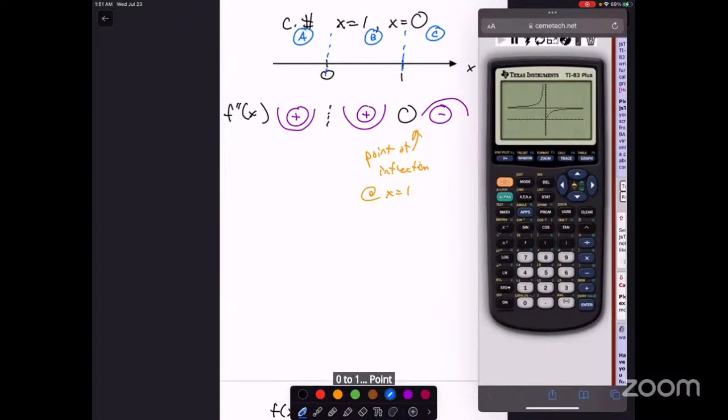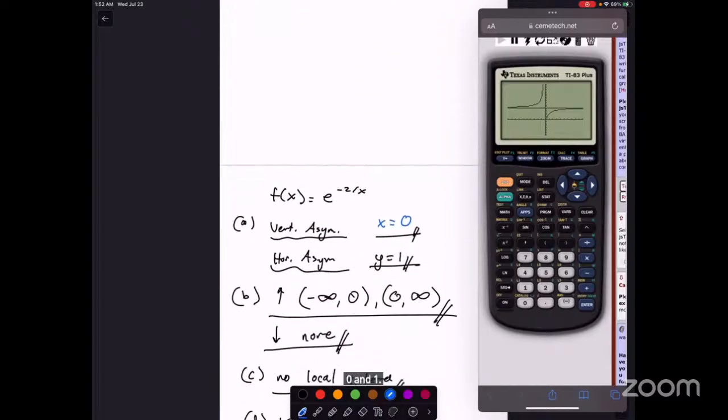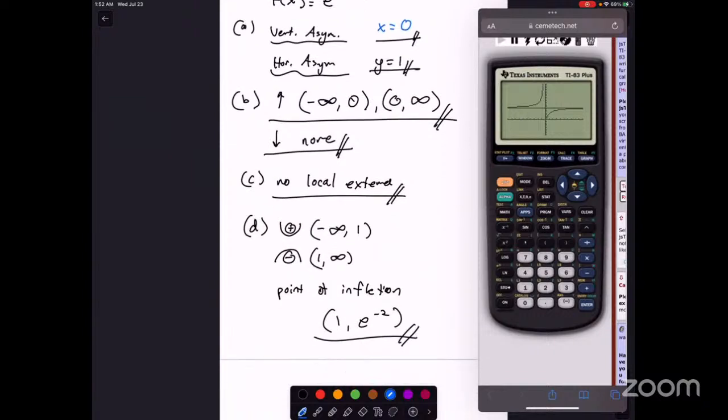Point of inflection, because when x is 0 and 1, there might be something going on. We have to zoom in.